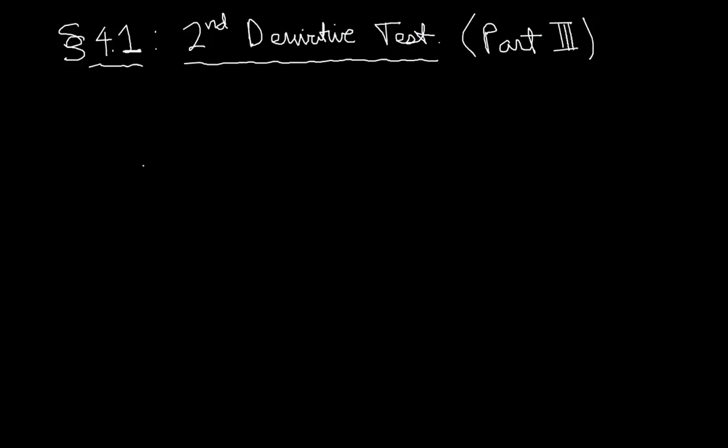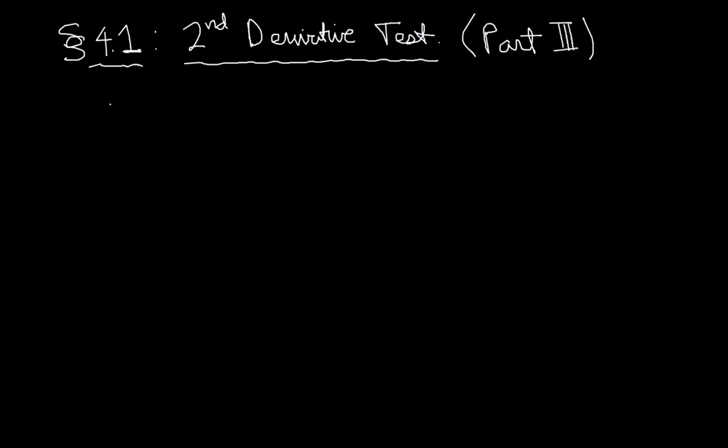But we never discussed what happens when the second derivative is 0, when you're neither concave up nor concave down. Just because your second derivative is 0 doesn't necessarily mean you're not concave up or concave down. That's the point we're going to make here.